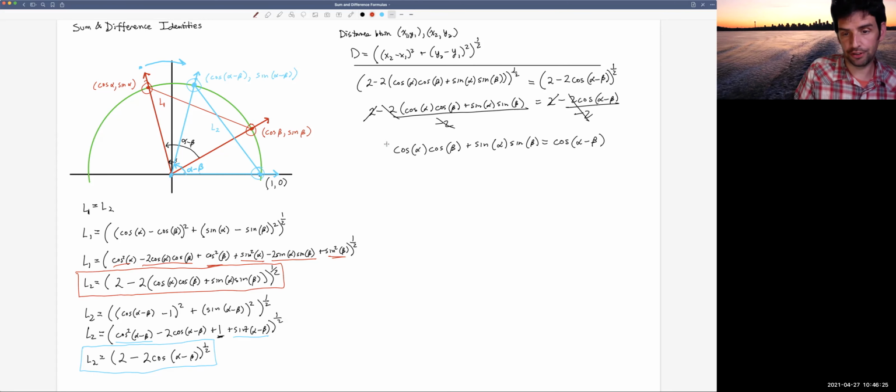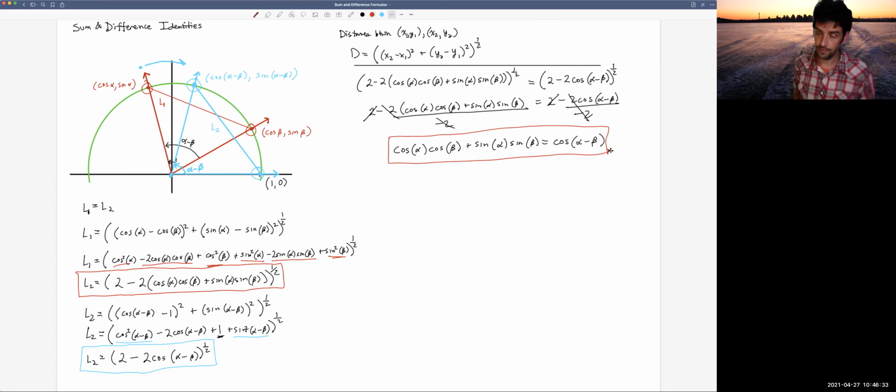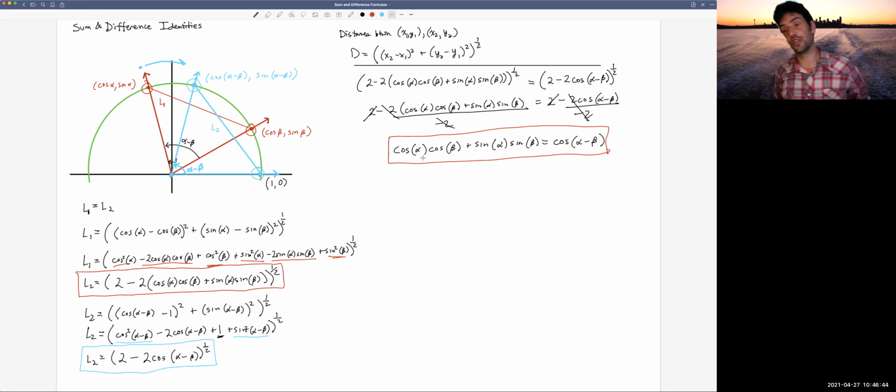And this is our first of the sum and difference identities. This is a difference identity for cosine. Okay, so if you have the cosine of the difference of two angles, instead you can do this configuration on the left, or vice versa. If you have some configuration like this, you can change it to the difference of the two angles.